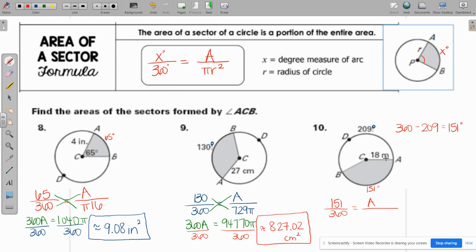Our radius is 18, 18 squared is 324, and then pi. So let's solve this. 360 times A equals 151 times 324 pi, which is 48,924 pi. Our final step is to divide both sides by 360. In this case, we would get approximately 426.94, and our label here would be meters squared.